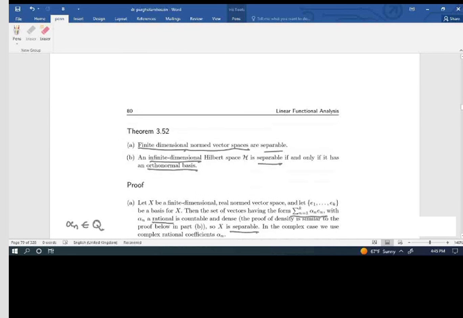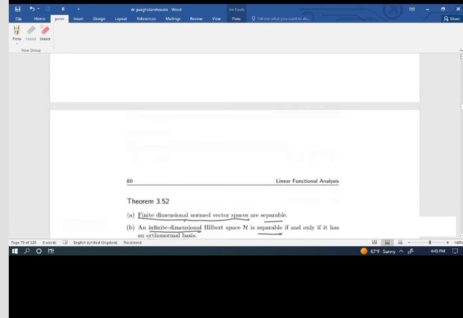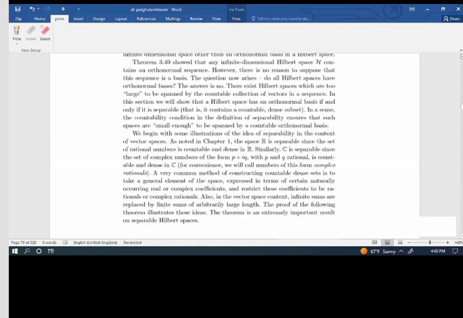Another theorem: finite dimensional normed vector spaces are separable. Before that, we should define a separable Hilbert space. What is the meaning of separable?